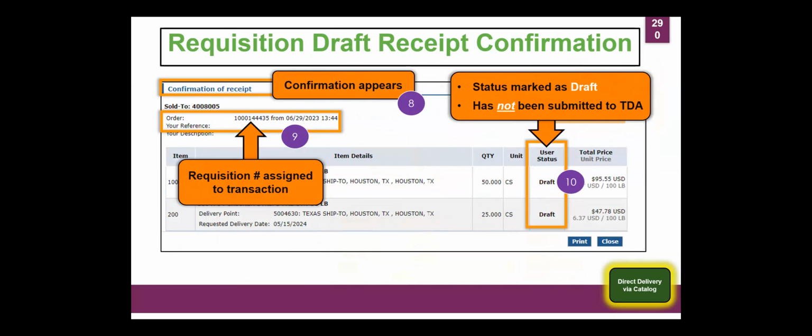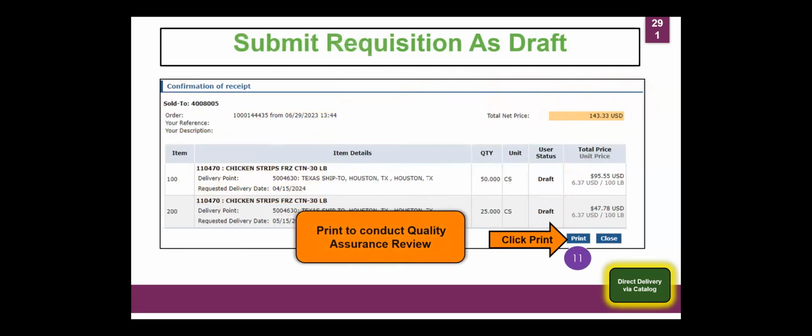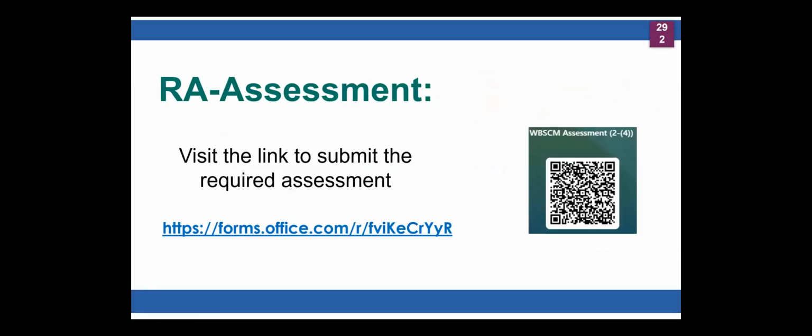Again, it's marked draft and has not been sent to TDA. Yes, it would be saved if it's in draft status. Okay. So what we're going to do is we're going to print this order or requisition.